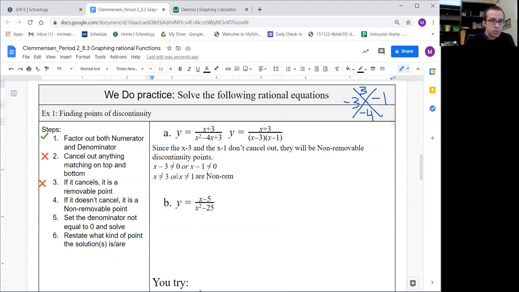So x does not equal 3 and x does not equal 1 are non-removable discontinuity points. And again, they are non-removable because they didn't cancel out. Also known as an asymptote.